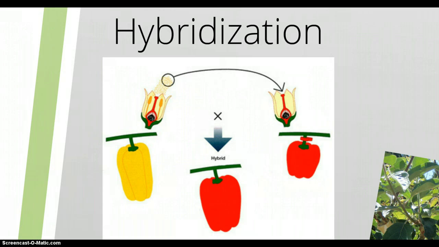But this longer red pepper may not have seeds that will actually grow into the long red pepper. Those seeds might not grow. So oftentimes with hybridization, you have to recross-pollinate with every single generation.